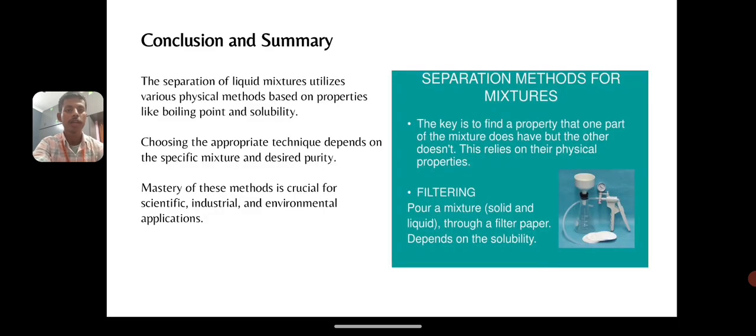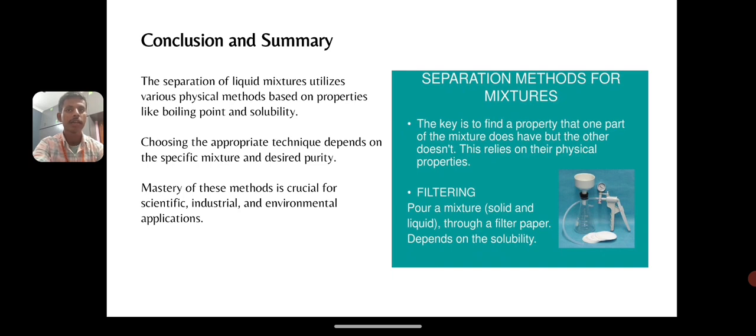Now we can conclude that the separation of liquid mixture involves different physical methods such as distillation, evaporation, decantation, and chromatography. The choice of method depends on properties of the liquids such as boiling point and solubility.